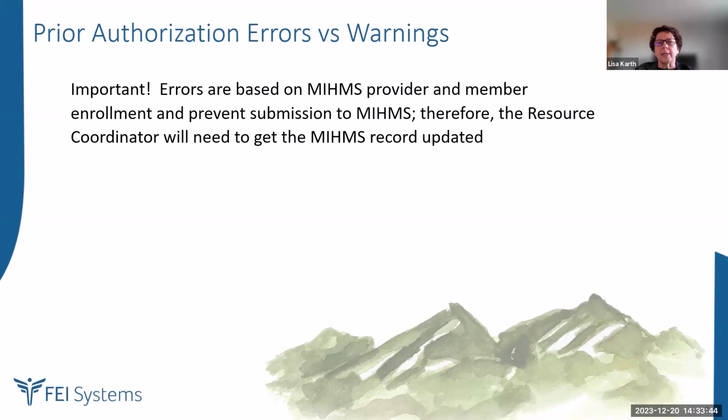The warning is essentially a proceed with caution message. And so you want to make sure that everything is aligned before you do move forward. Now, the errors are based on MIMS provider and member enrollment, and they help prevent submission to MIMS. There's times that the MIMS record has to be updated before the prior authorization can be resubmitted to MIMS.